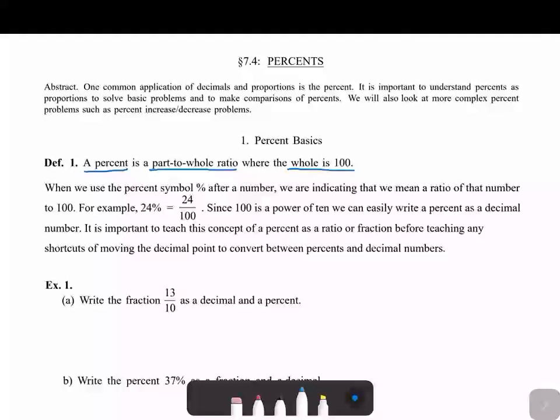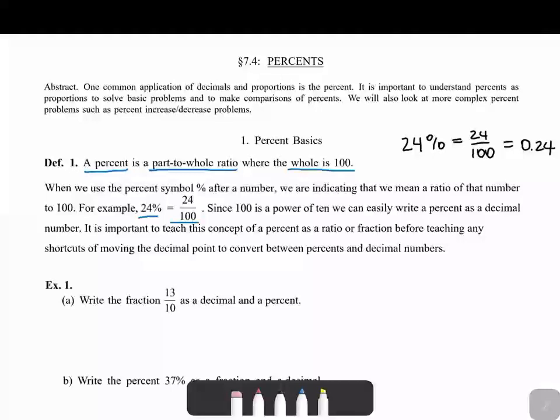So, for example, 24% is equal to 24 over 100. Because 100 is a power of 10, it's really easy to convert this to decimals. So 24% is equal to 24 over 100, and we know that we can convert that to 0.24.